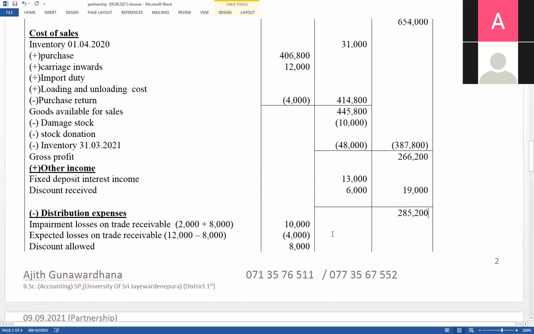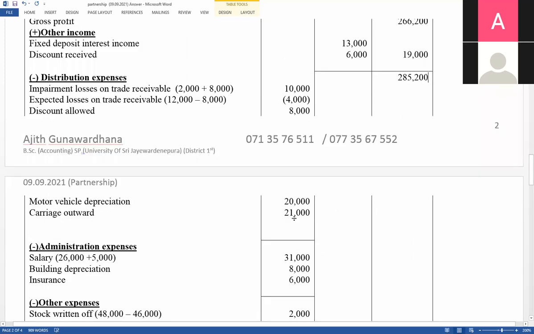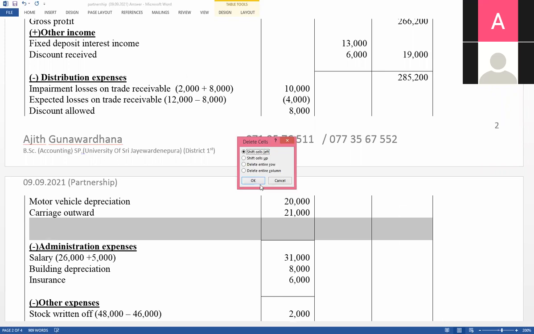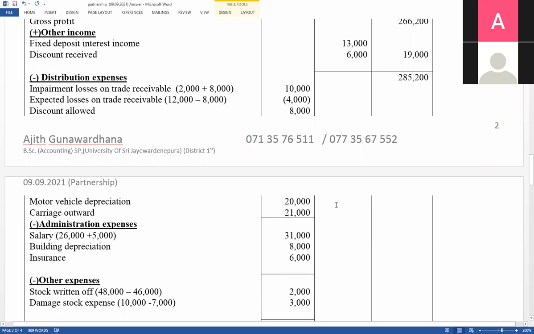Then deduct total expense. Take total expense: distribution expense, administration expense, as well as other expense. Distribution expense total value equals 55,000, within brackets. Administration total value equals 45,000.